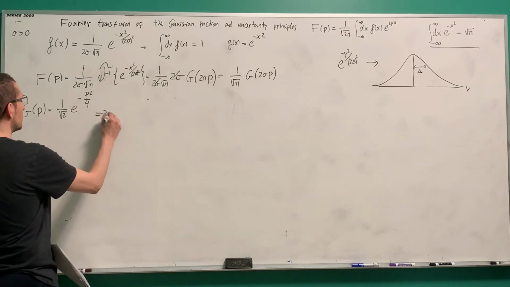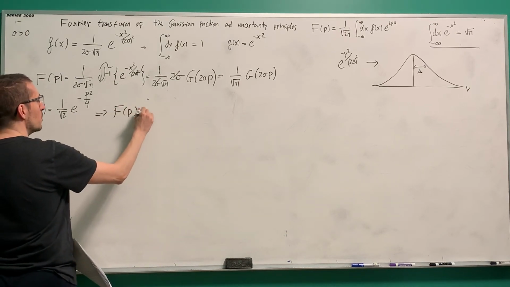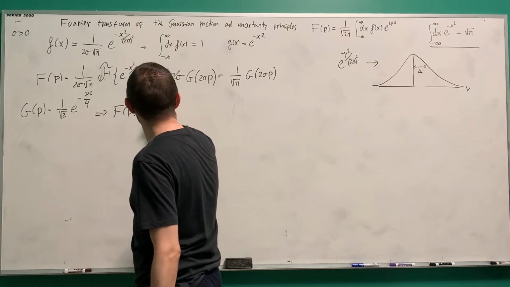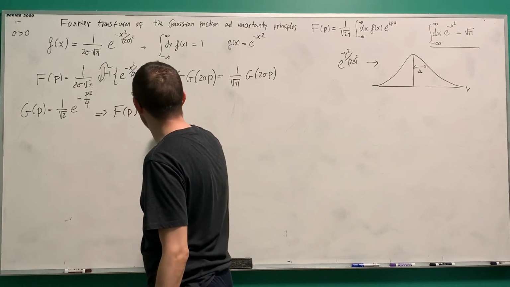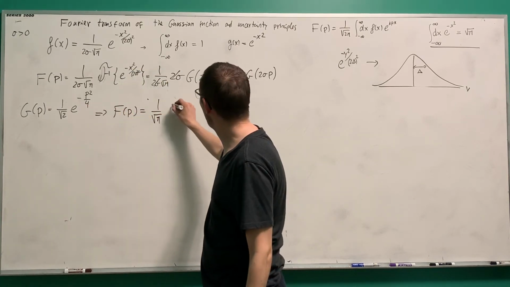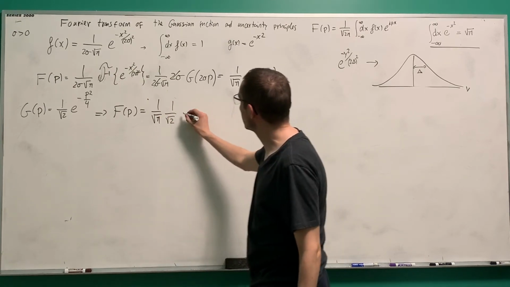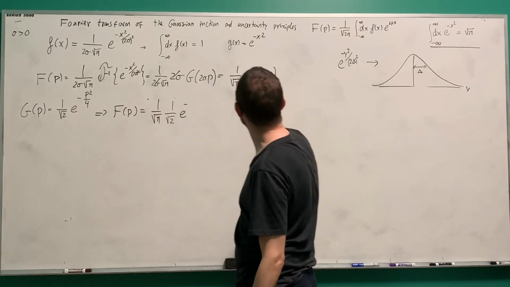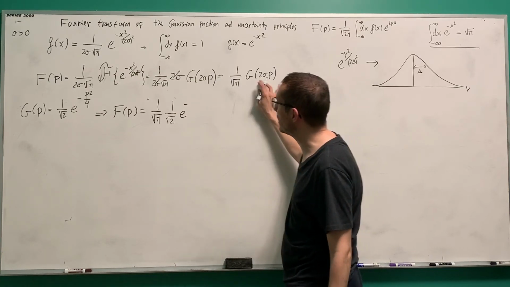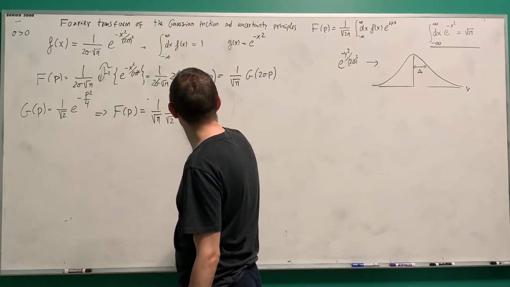So that means that f of p is equal to 1 over root pi. Now I copy g, 1 over root 2. And now I get e to the, whenever I see a p, I write 2 sigma p, minus p squared.